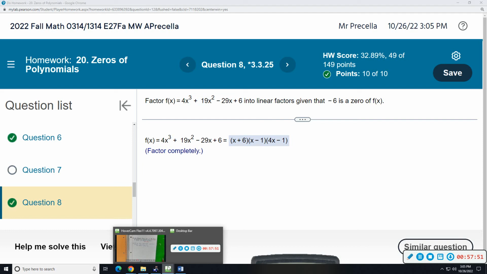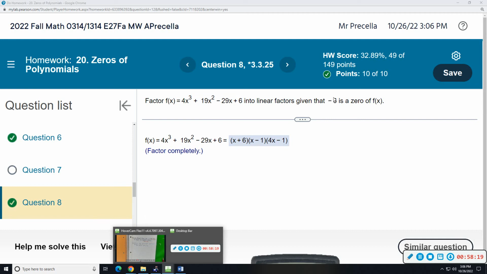Another 0 is, when is x minus 1 equal to 0? There. By positive 1, so there's another 0. And what about this one? When is 4x minus 1 equal to 0? At 1 over 4. So we know -6, 1, and 1/4 are the zeros.